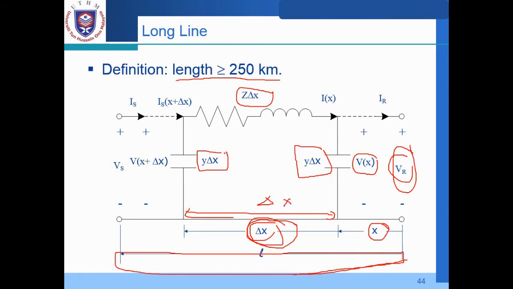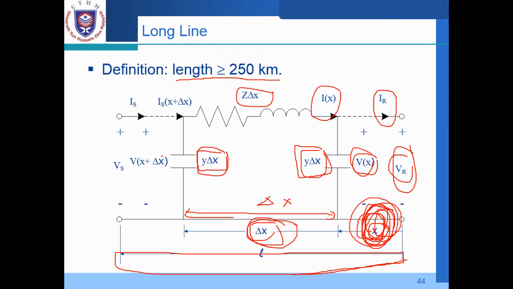give effect to the capacitance or the conductance of the transmission line. Here these two, and this is of course the receiving current. So this is the Ix transmission line over here, seen from this X. So this is a Vx, reflected from here, and this is Vx plus delta x.